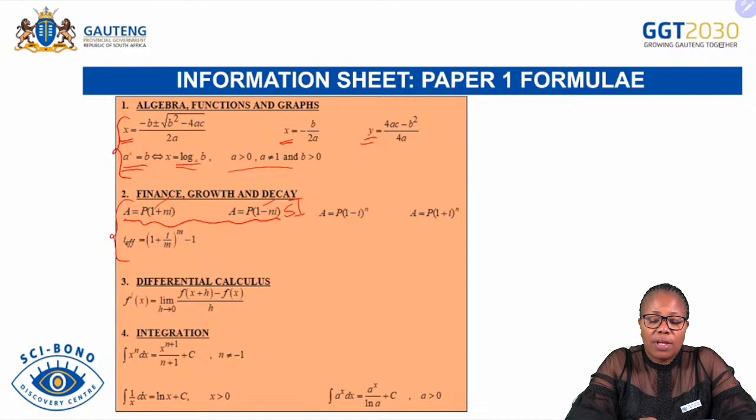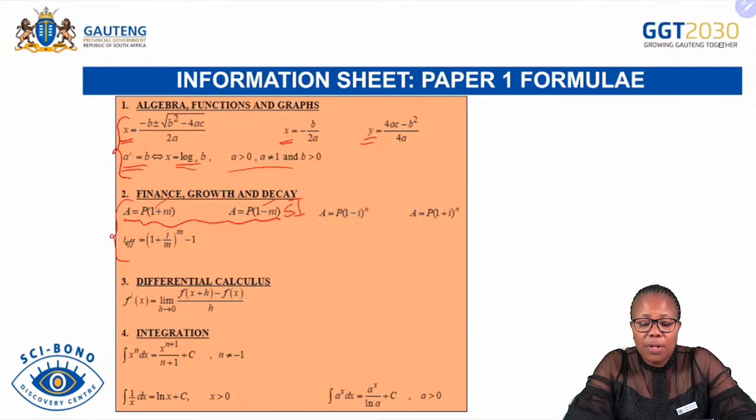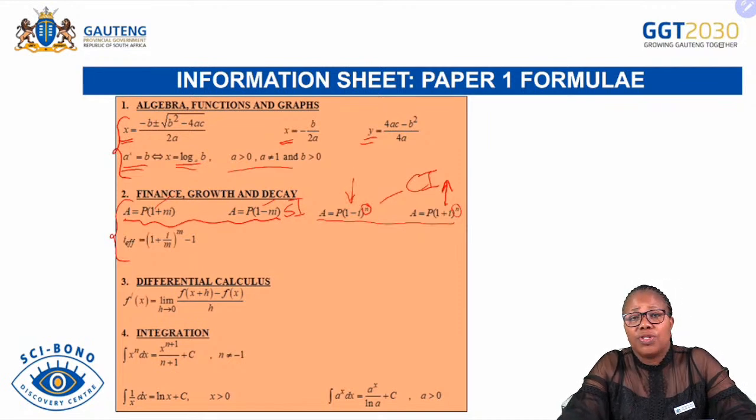And then we have A equal to P(1 plus i) to the power n, or A equal to P(1 minus i) to the power n. As you can see now, our n is now an exponent there. Therefore, these two will be for the compound interest calculations. With the plus for the value that is appreciating, going up, and then a minus for the depreciating value or reducing balance.